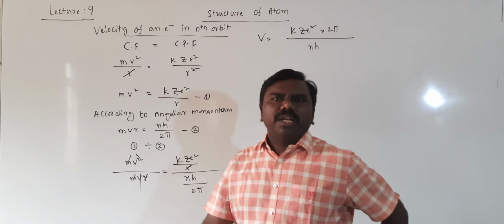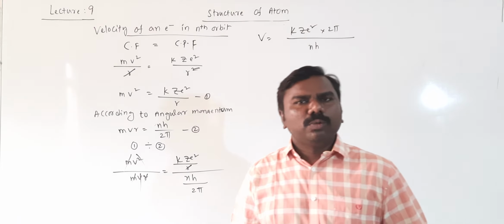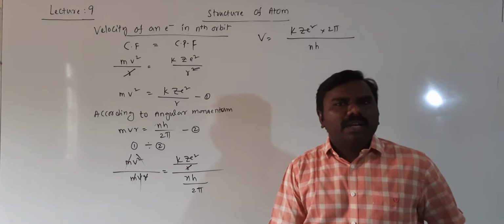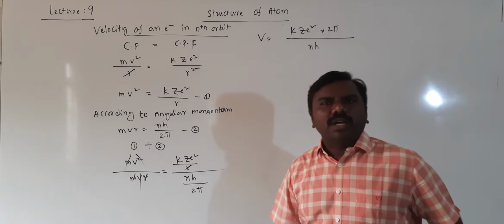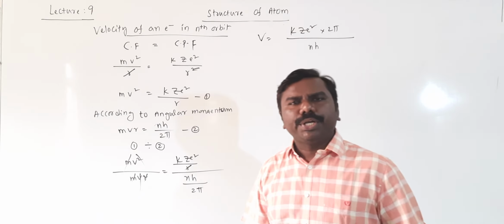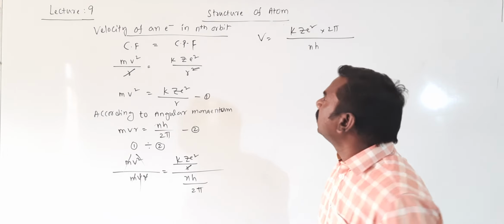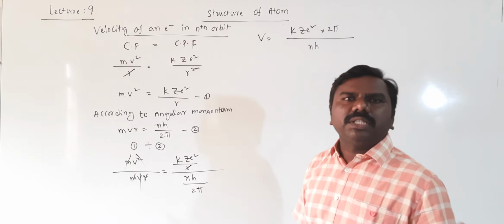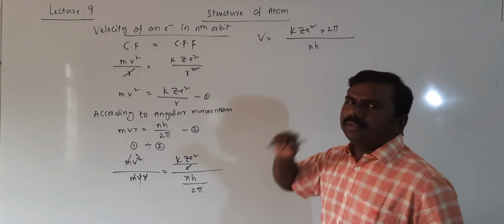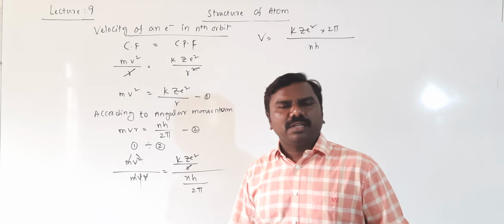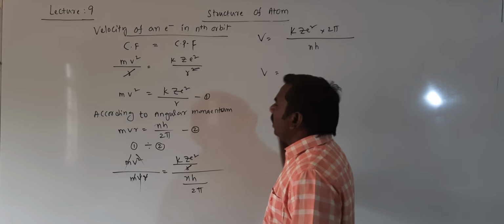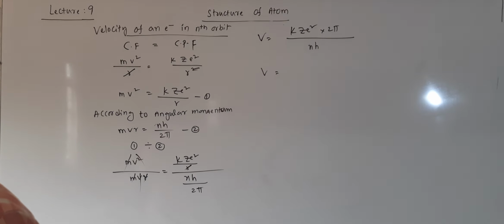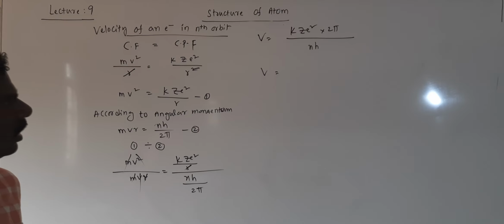The k value, given yesterday, is 9 into 10 to the power of 9 newton meter square per coulomb square. Z is the atomic number; it changes based on the given question. e is the charge of the electron, 1.6 into 10 to the power of minus 19 coulombs. You know the pi value. The n value depends upon the question. h equals 6.626 into 10 to the power of minus 34 joule second. If you substitute all values, you will get the velocity of the electron, that is 2 pi e square Zk by nh.